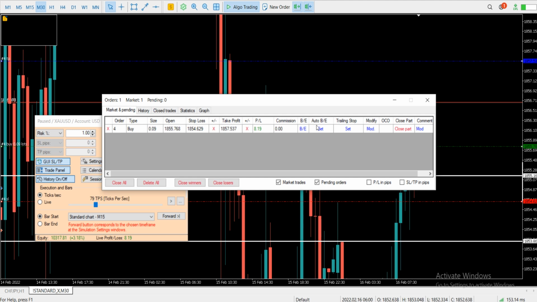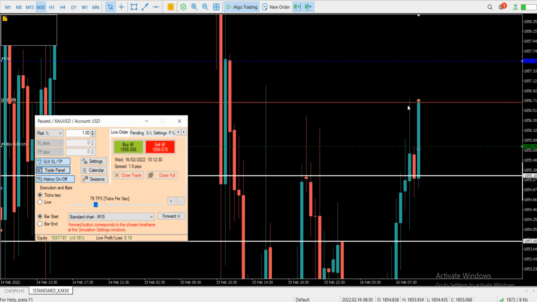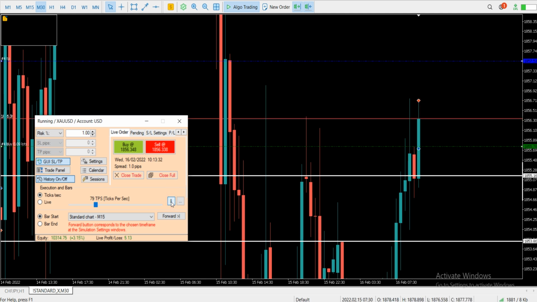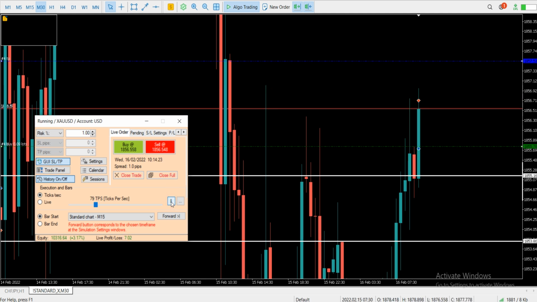Set stop loss to break even. Why? Because there's this rejection to the left. One rejection, two rejections, right? So I don't know whether price is going to continue pushing up. There is a chance, there is a very high chance, but there is still a chance also that it can go down. So now my trade is risk free and we are pushing up.